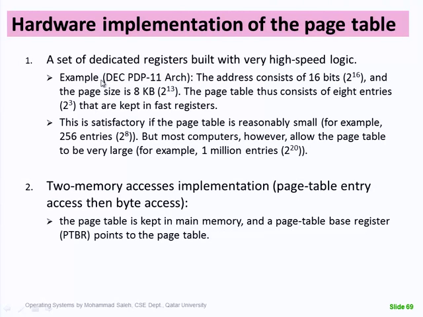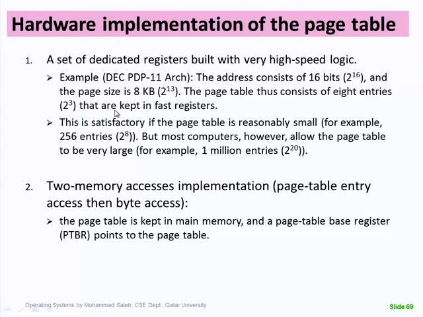So we can use a set of dedicated registers. For example, this is implemented in this architecture. The address consists of 16 bits, 2 to the power 16, and the page size is 2 to the power 13. So the page table has 2 to the power 3 entries.